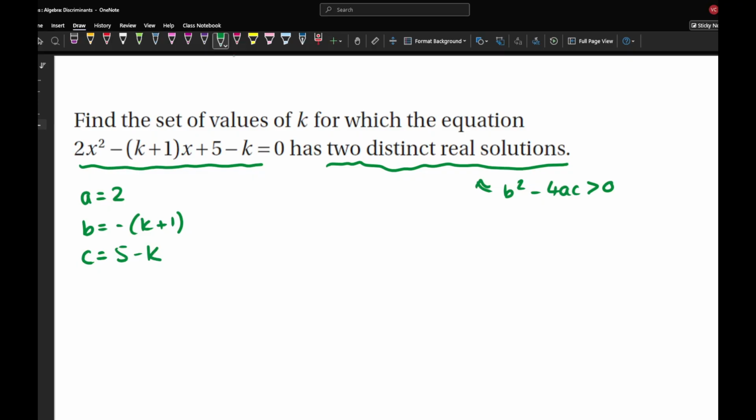So then substituting that all into the discriminant formula, and I can write this as minus k minus 1. So I end up with minus k minus 1 squared minus 4 times 2 times 5 minus k, and that's greater than 0.